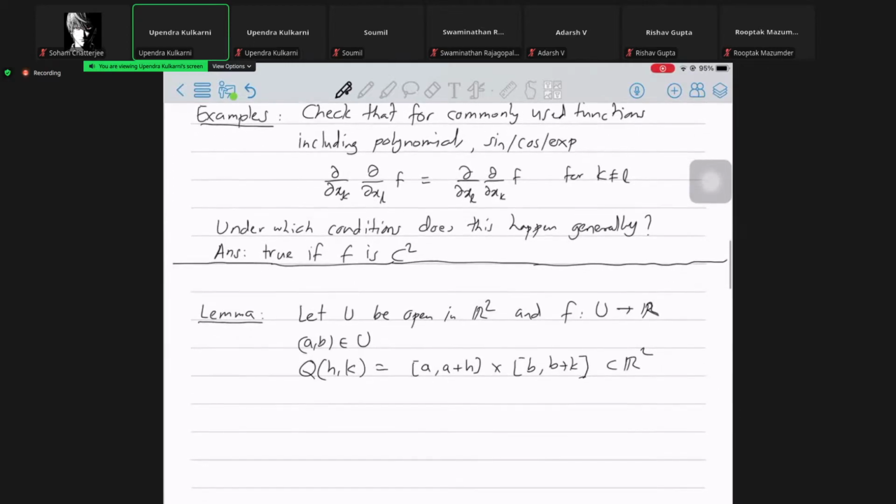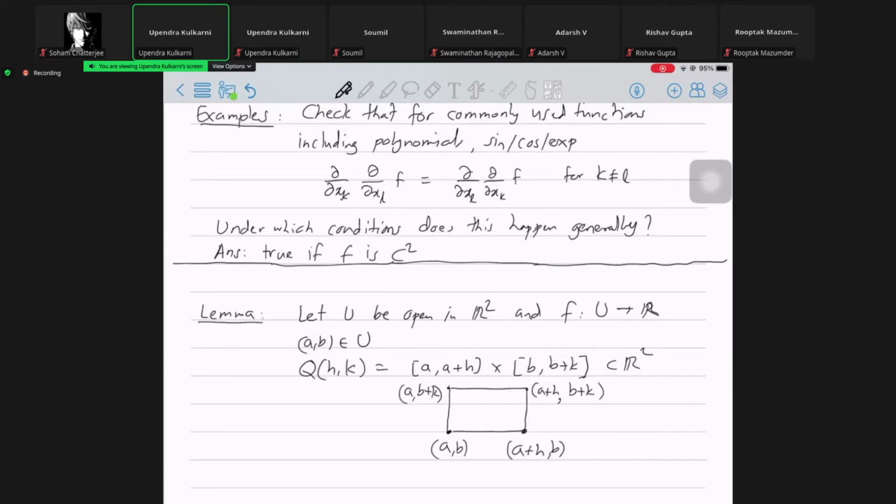This is (A, B) and (A+H, B). Then in this direction you go up to (A, B+K), and the other corner is (A+H, B+K). That's what the set is.